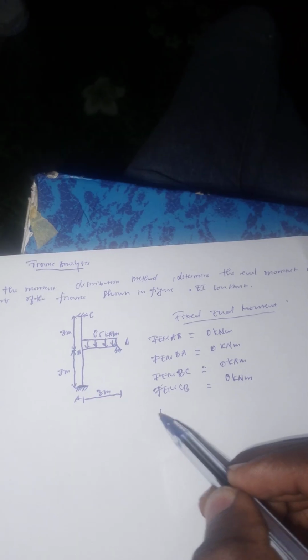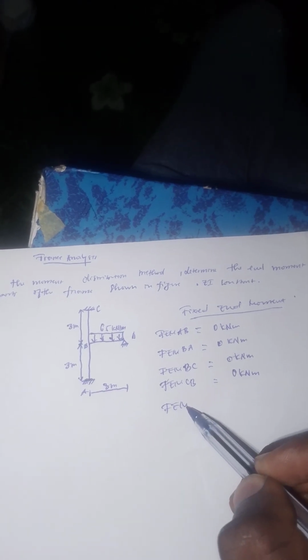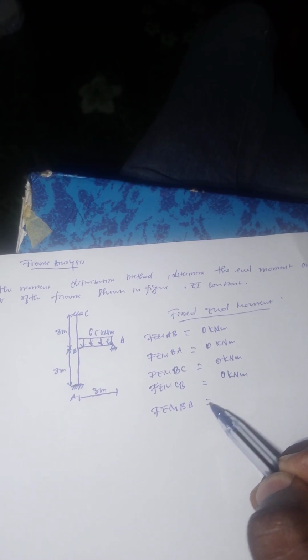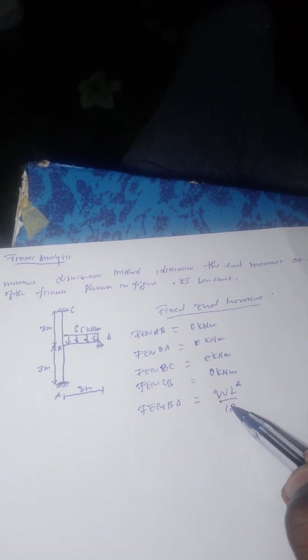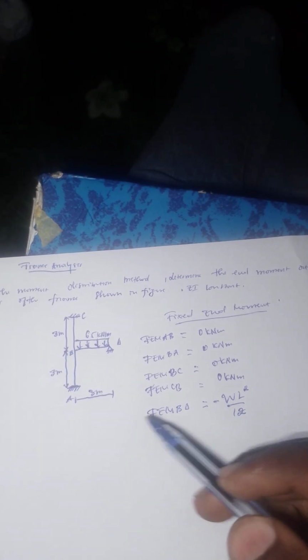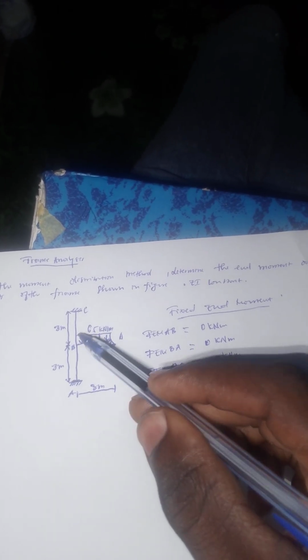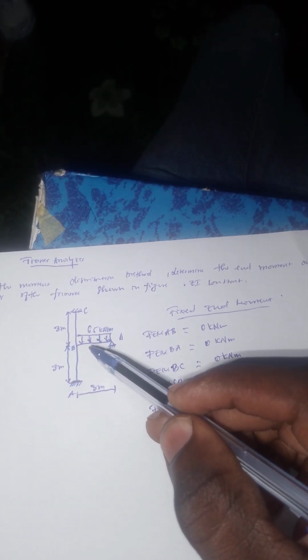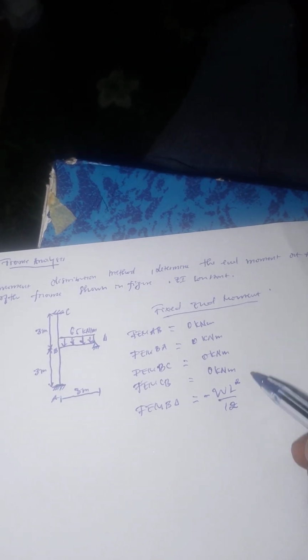But here the fixed end moment BD is equal to negative wL squared over 12, because we take the anticlockwise direction as negative moment.